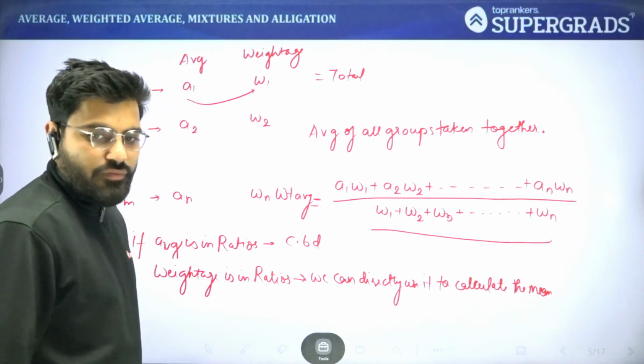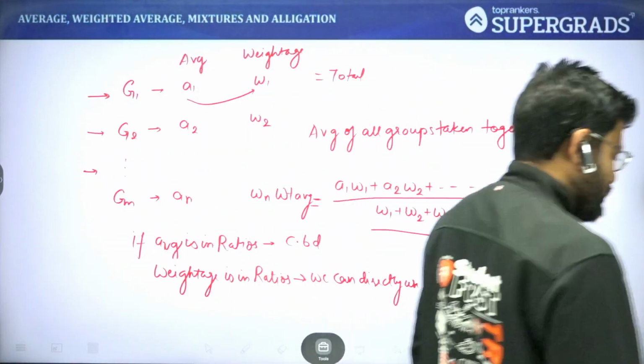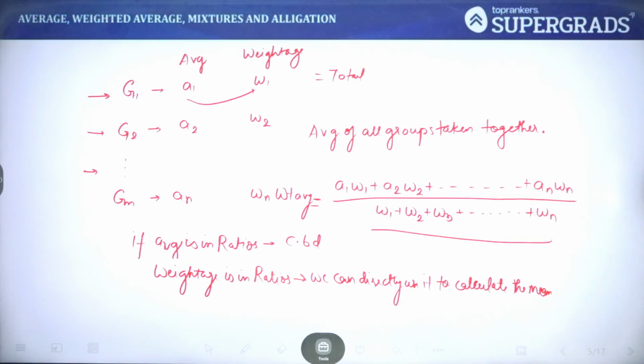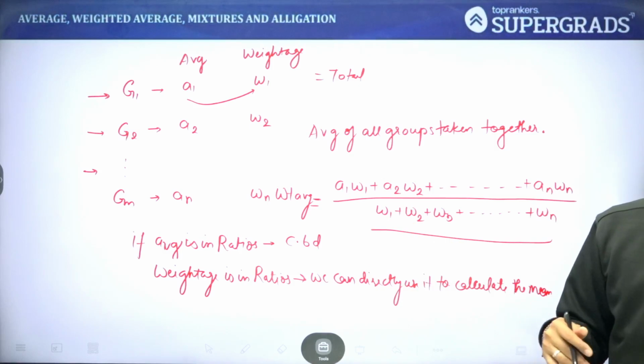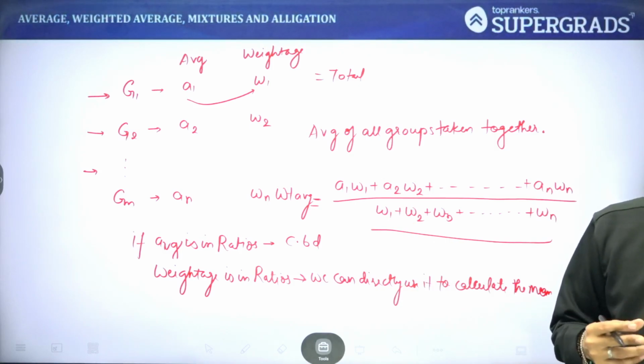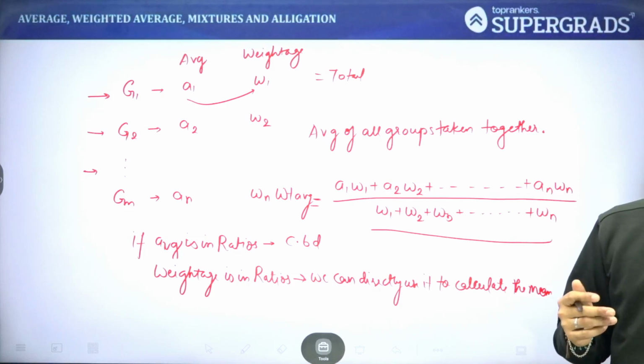And this is how it works. Got it? So if the weightage is in ratios, we can calculate the mean. But if the average is in ratios, we cannot calculate the mean. It will always be cannot be determined.